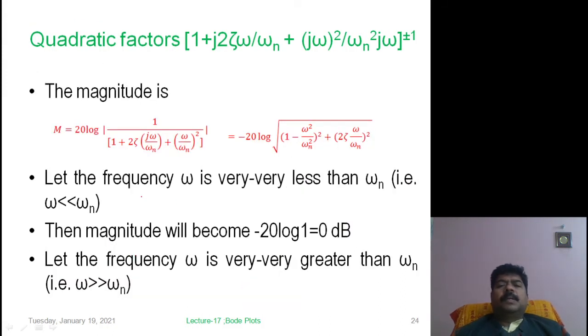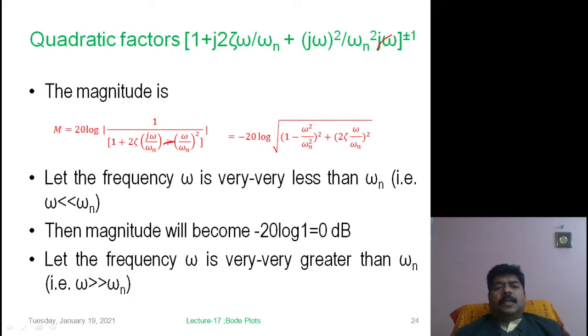So what would be the case for this? Here again this j omega will not be there. So magnitude means 20 log 1 upon 1 plus zeta j omega by j omega n, and this will be the minus, right?